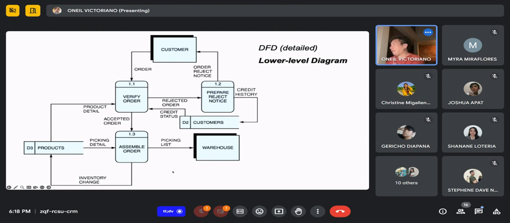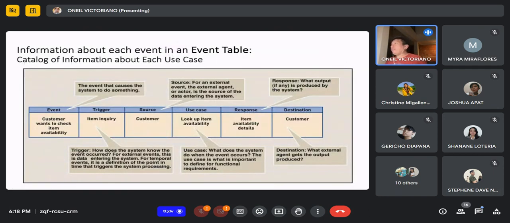Okay. So the next one is the event table. Well, the event table is not part of the objective of IMA. But the idea here is that the event table depicts use cases, and use cases are essential for the exam, to be able to understand the activity of the system.